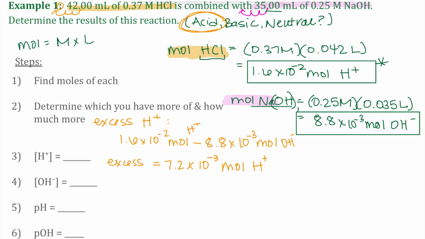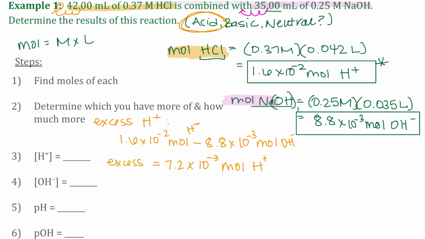So we determined what we have more of. Well, if I have this many excess H plus ions, those moles, I can now find, well, what is the concentration of those H plus ions?